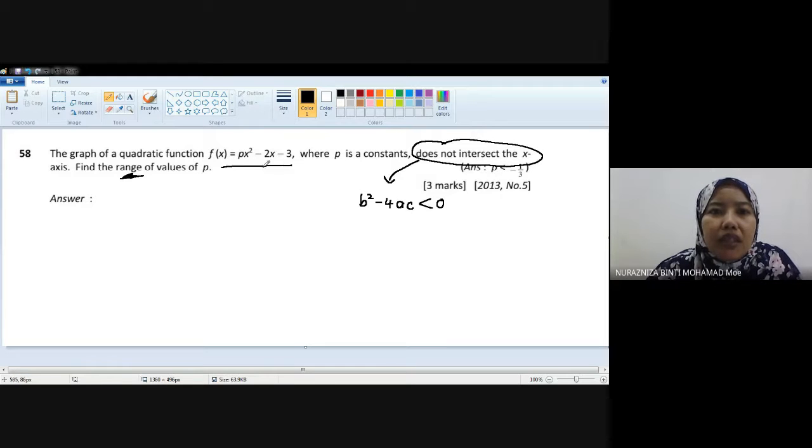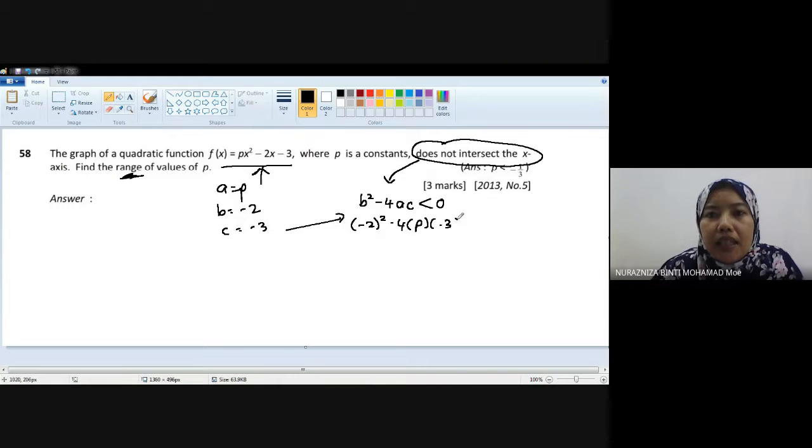From the equation given, we know that a is equal to p, b is equal to negative 2, c is equal to negative 3. So we substitute here. It will be negative 2 squared minus 4 times a times c less than 0.